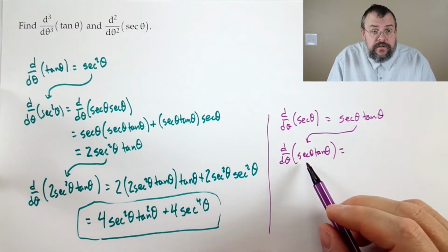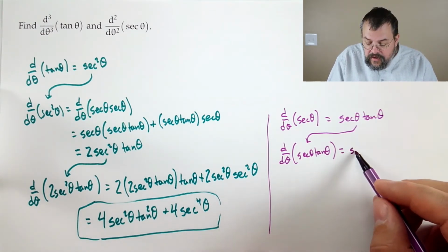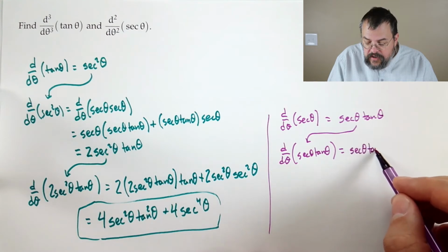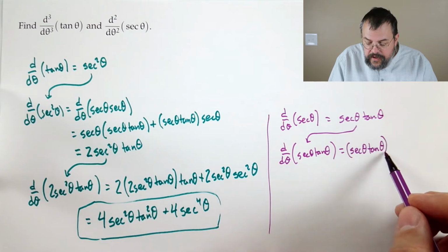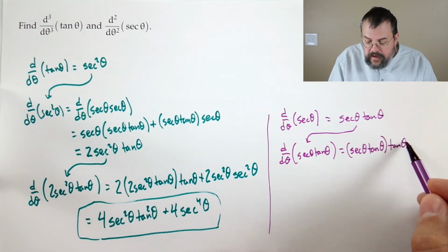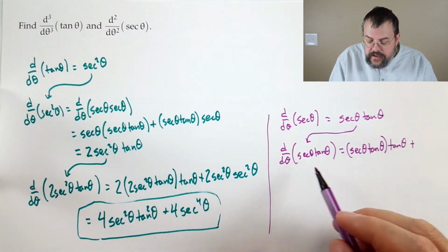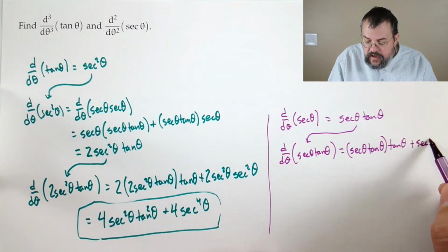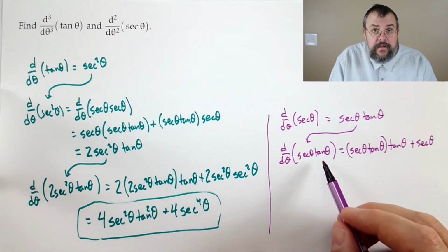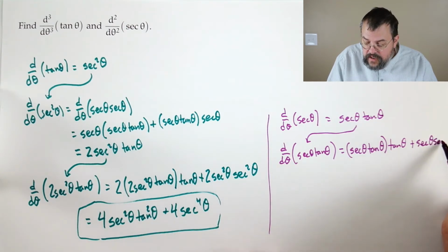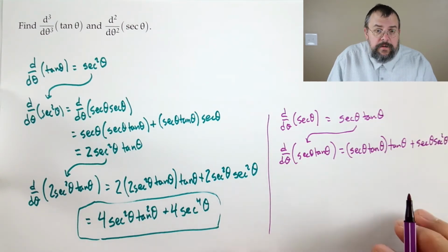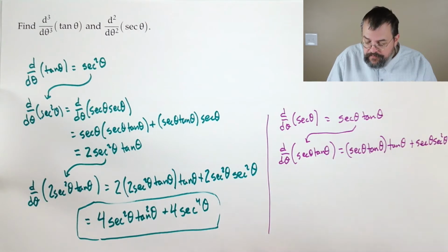Derivative of the first, derivative of secant, is secant tangent times the second. See, the derivative of the first times the second plus the first, which is secant, times the derivative of the second. So the derivative of tangent is secant squared theta. All right, we barely fit it on the screen, but we got it.